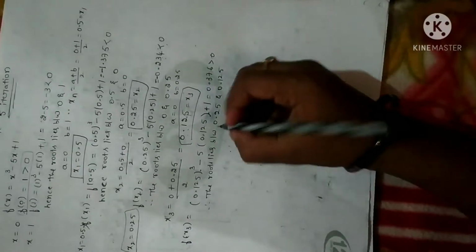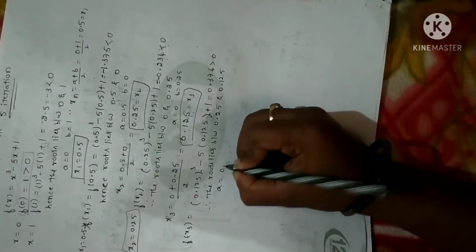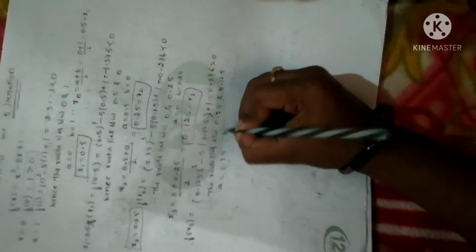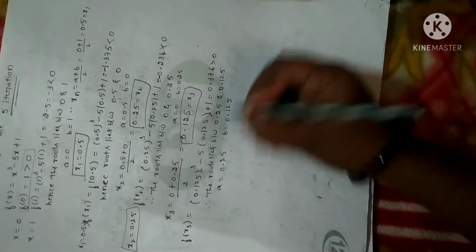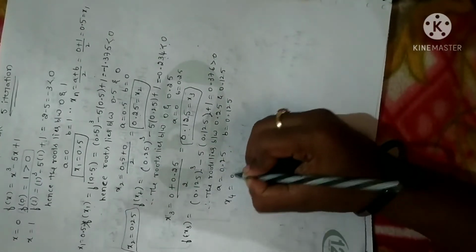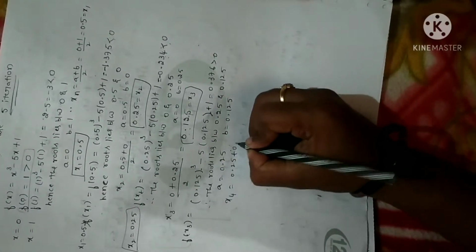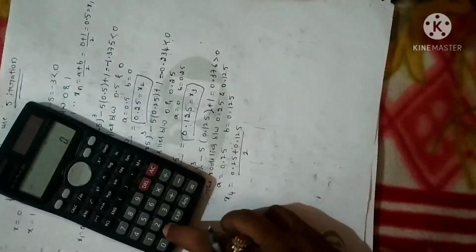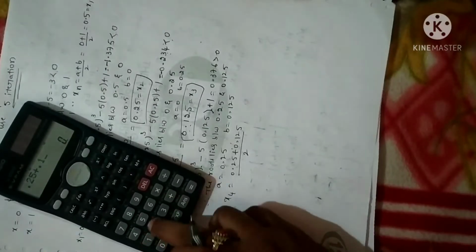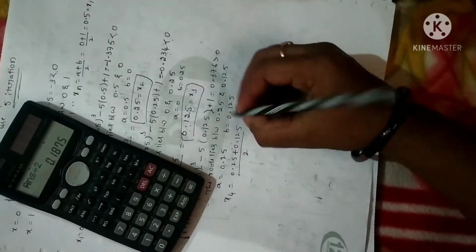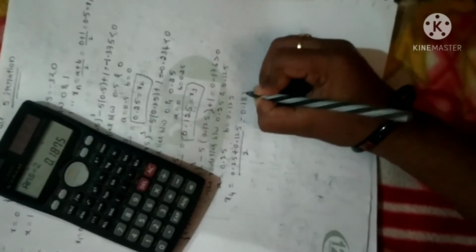Fine. Now I have to take first value a as 0.25, b as 0.125. Now x4 will be 0.25 plus 0.125 divided by 2, which will give us 0.1875. This is the value of x4.